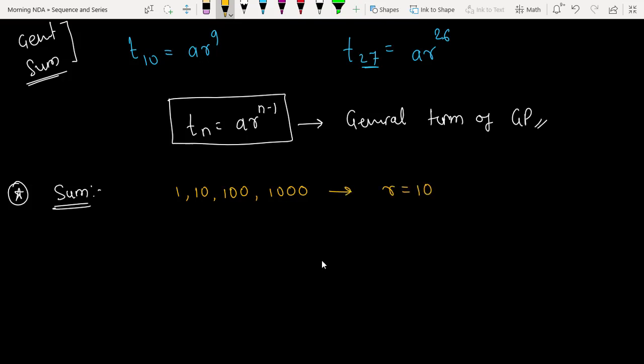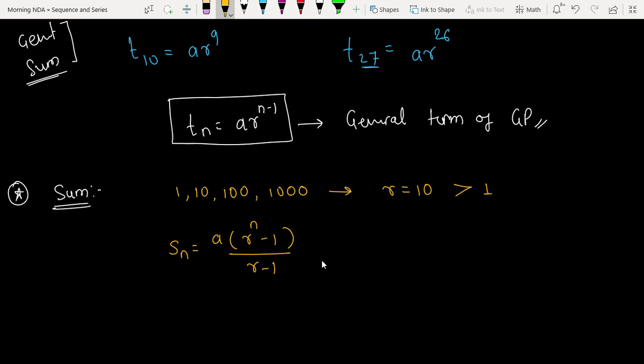Whenever the common ratio is greater than 1, the sum of the first n terms of a GP is equal to A into R raised to the power n minus 1, upon R minus 1.